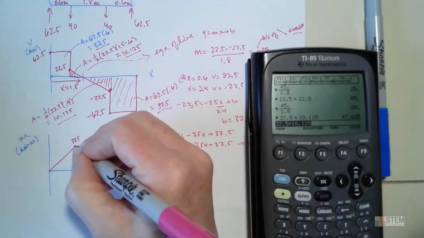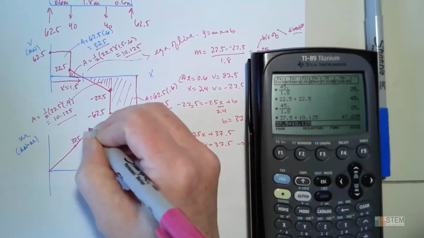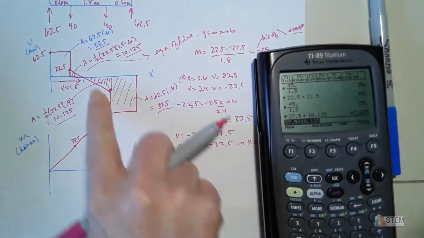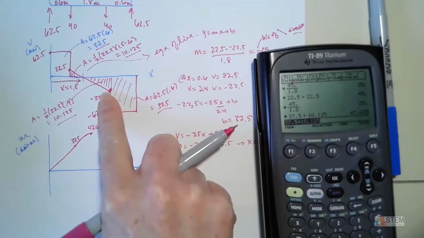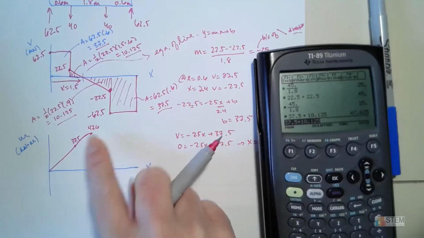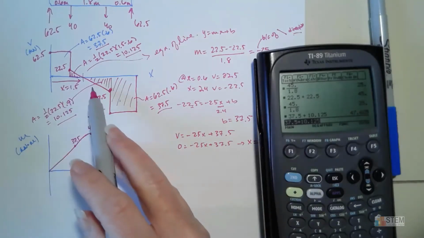All right, so that'll take us to the top of the quadratic curve. All right, because if we have a linear curve here on the shear diagram, I have to have a quadratic on the moment diagram, right? Because I have to be able to take the derivative of M to get V. So I have to have x squared to get just an x for V.